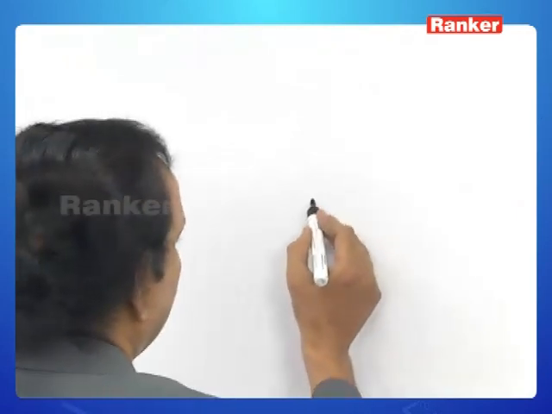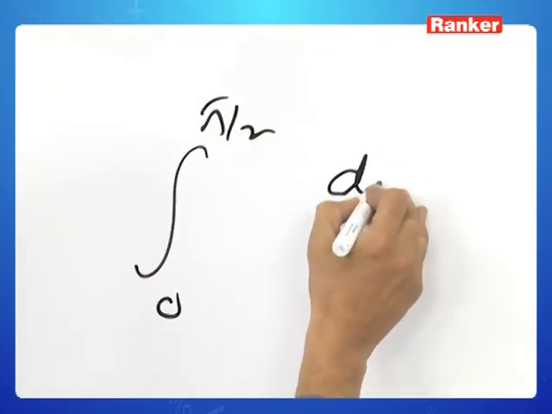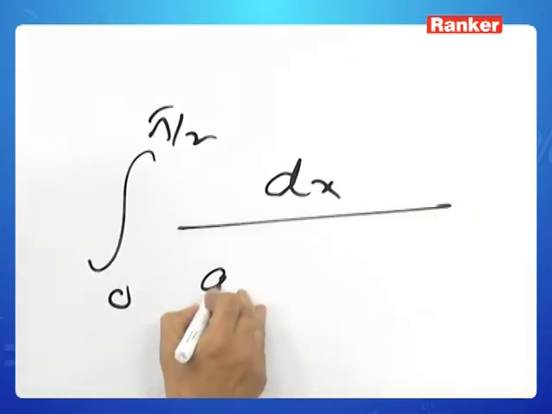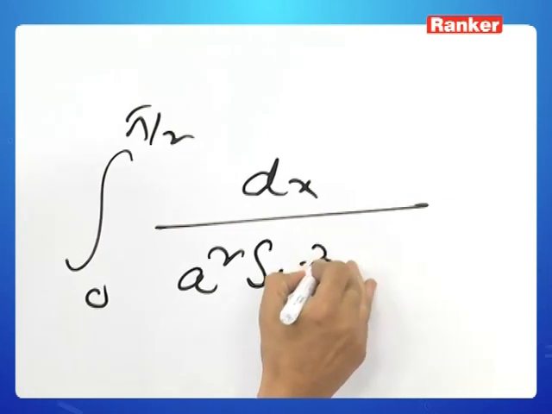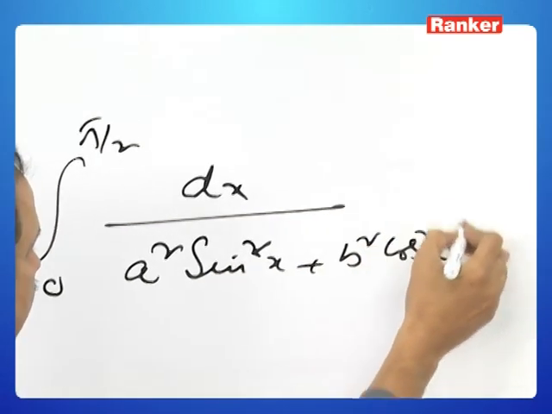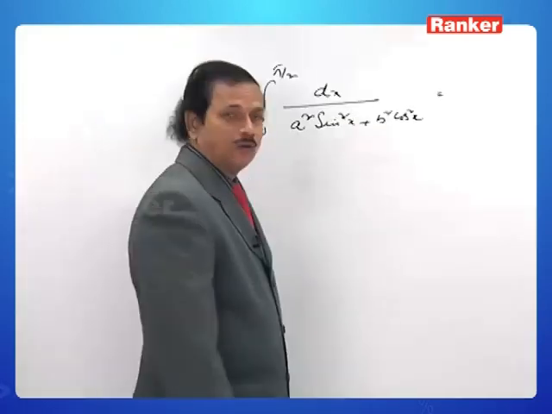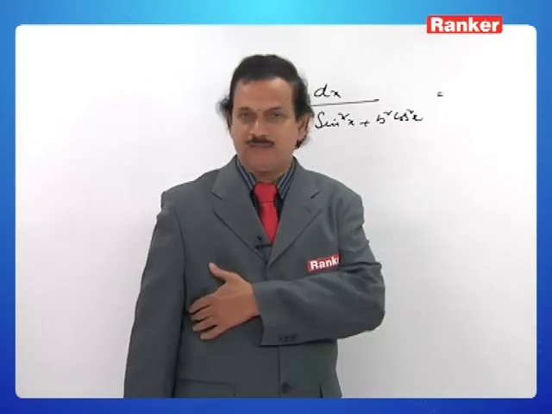Please follow them. Integral 0 to pi by 2 dx by (a square sin square x plus b square cos square x). Well, look at this problem. Actually speaking, it is a famous problem.